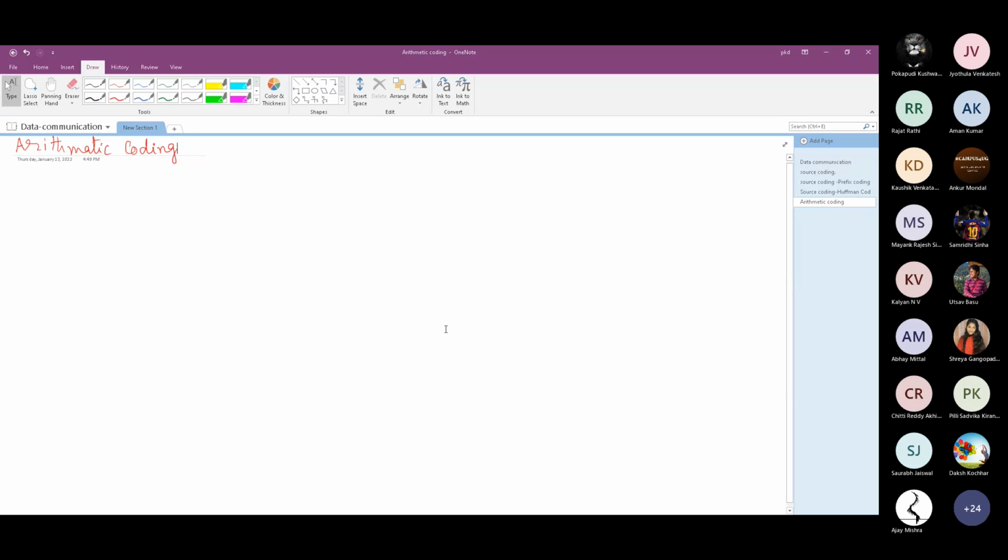Similarly, we will discuss one more, arithmetic coding. Nowadays it is not so popular, but it's a classical lossless coding technique. So we'll discuss it, and then we may discuss one or two other kinds of source coding before going to channel coding.